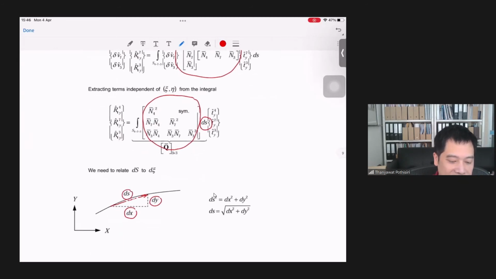This vector ds can be approximated as dx i plus dy j. If you want to compute the magnitude of this ds, you can do so based on the dx component and dy component. So you get something like this for the magnitude of ds.